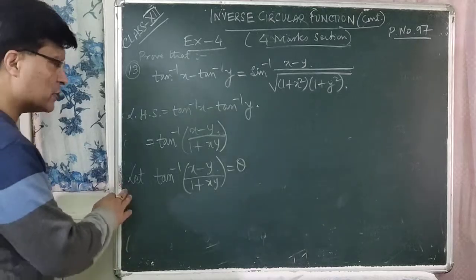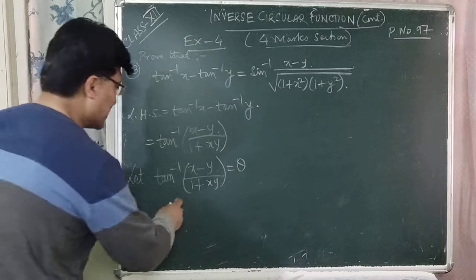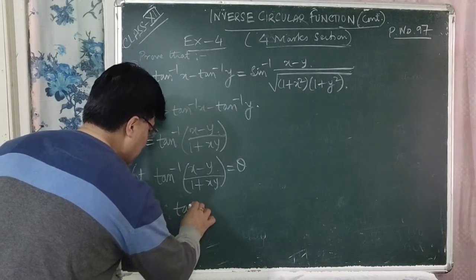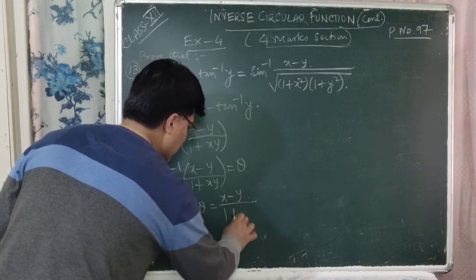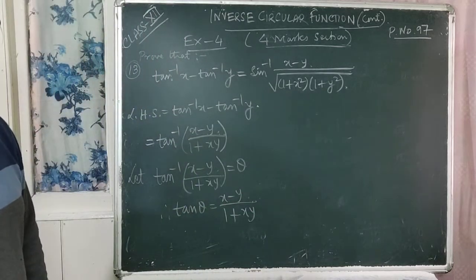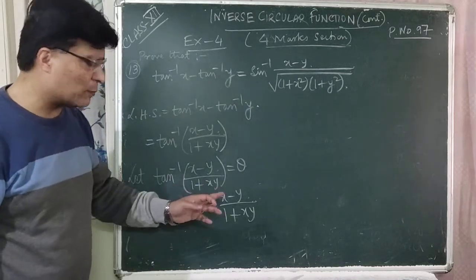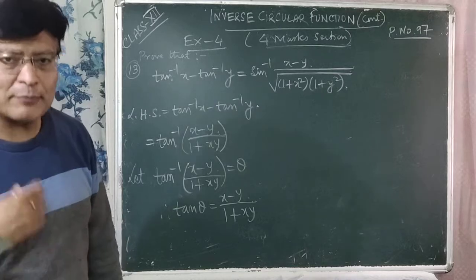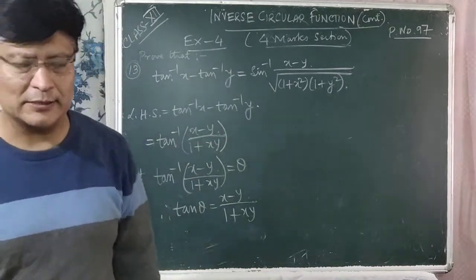So when tan inverse changes its side, it becomes tan on the right hand side, isn't it? That means tan theta is equal to x minus y divided by 1 plus xy. Is that clear? So if tan theta is equal to x minus y upon 1 plus xy, now we have to get the value for sine theta in order to prove sine inverse, isn't it?